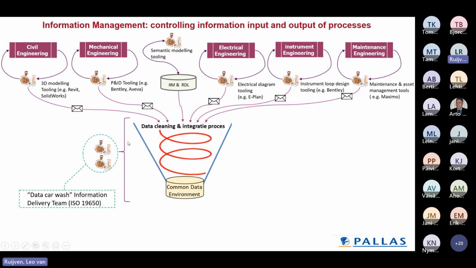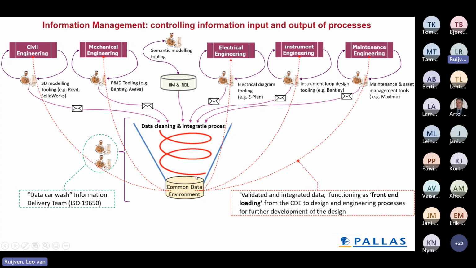We need for that, and we have introduced for that, an information delivery team, which is also defined in the ISO 19650 standard, the BIM standard. And based on baselines, we can feed back the data to the disciplines, so they use data for the further development of their design.